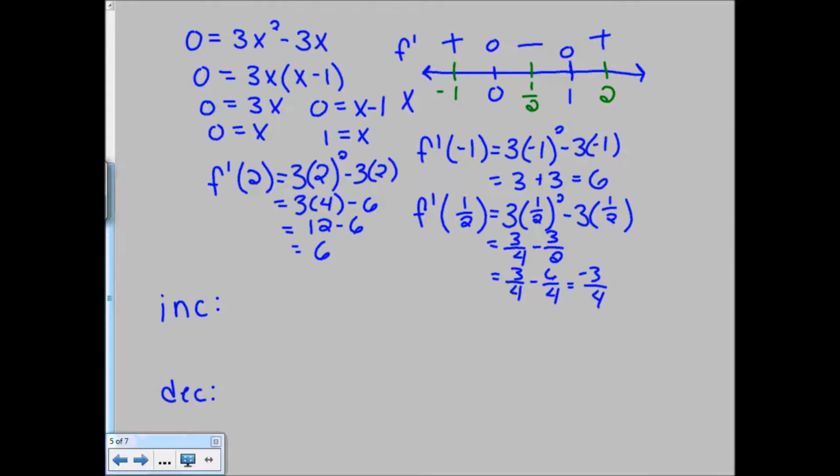So looking at our sign chart here for the derivative in x, let's write down all the intervals for increasing first. So that's all of the intervals where we have a positive derivative. So we have 2 plus signs here, so we're going to have 2 intervals. Since the derivative is positive to the left of 0, it's positive for all of the numbers to the left of 0.